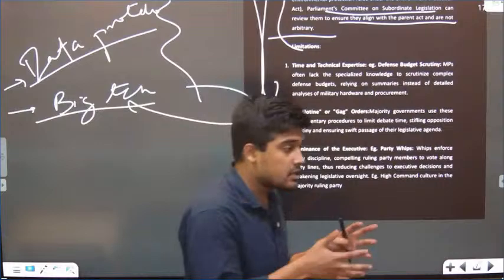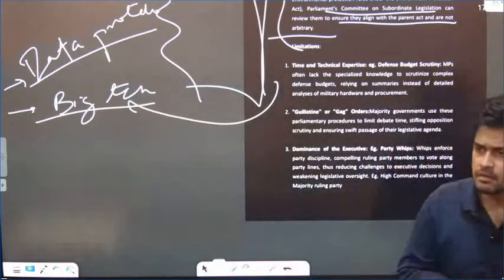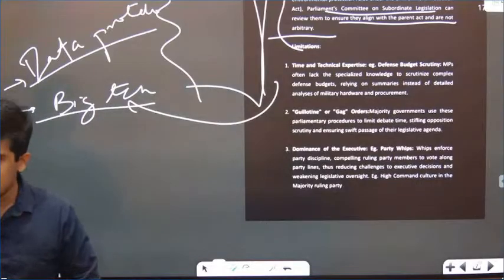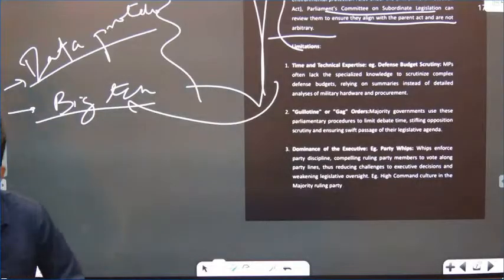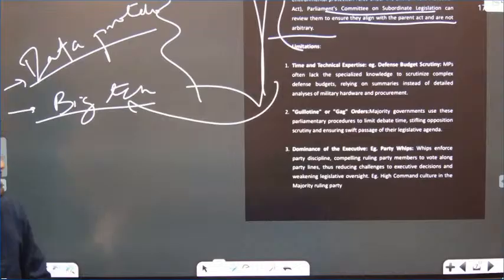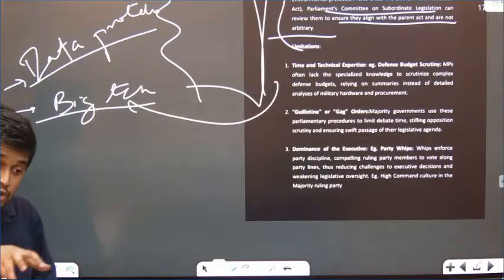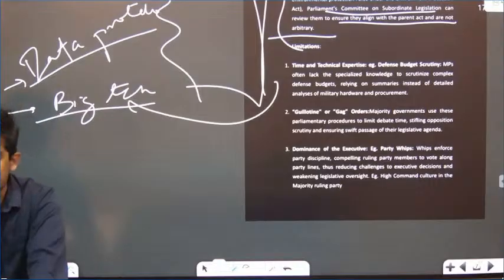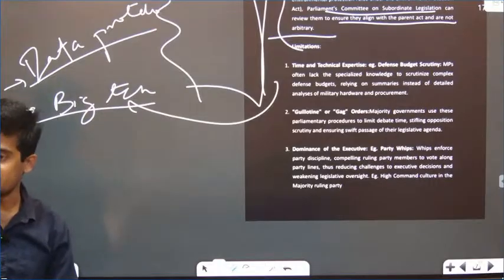They meet for very less days. They do not meet every day and do not go to the parliament to make laws every day. So that is why time and technical expertise is lacking with the legislature to see what the executive or the administration is exactly doing. And they depend on the administration for all of these technical expertise. Okay?